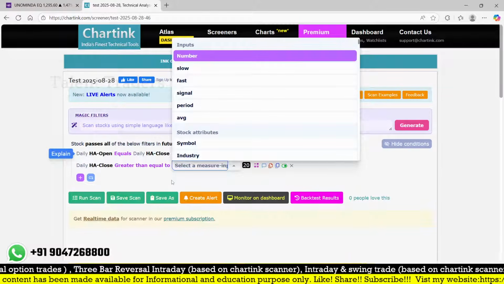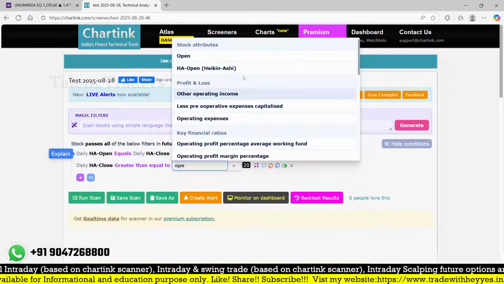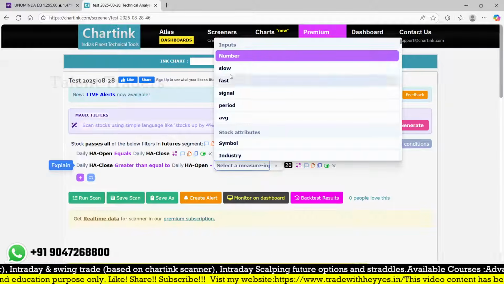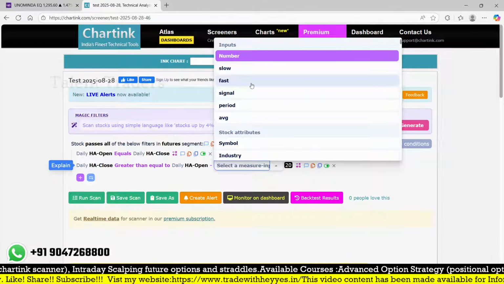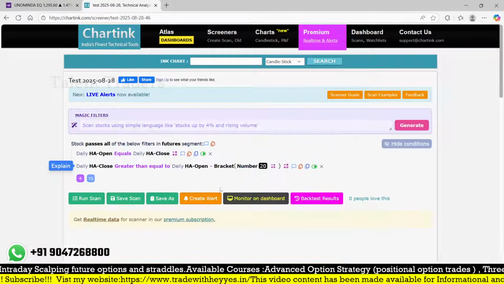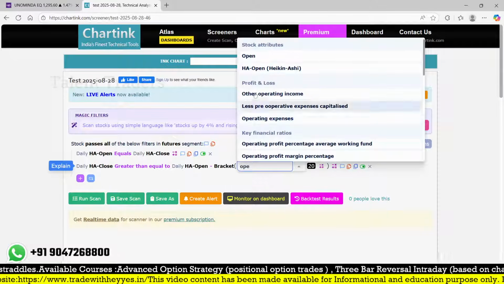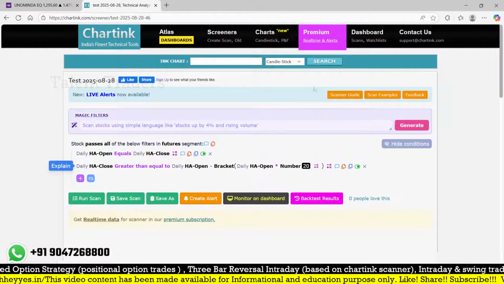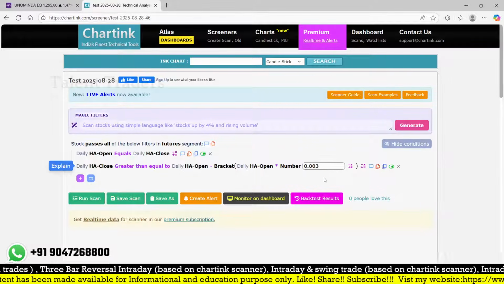To find a doji candle, use HA close minus HA open in brackets, multiplied by a number like 0.0, which is an adjustable doji.